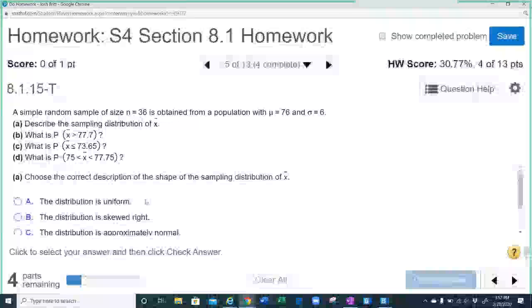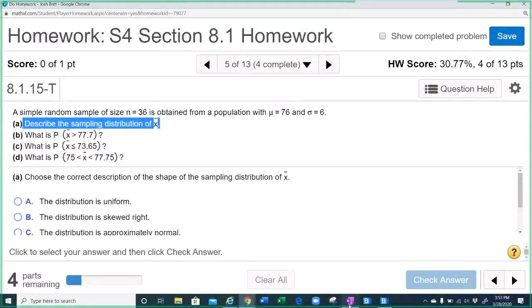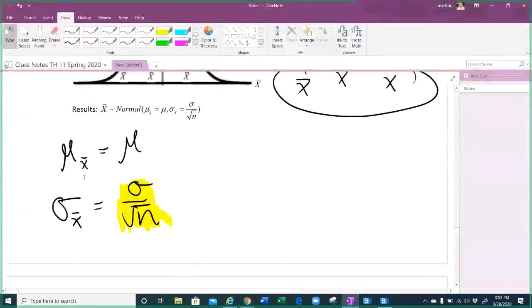All right, so now we'll practice some probability questions. All right, so we've got the simple random sample. Sample size is 36 with a population with mean 76 and standard deviation 6. So we want to describe the sampling distribution. Now what this means is basically we're going to find the mean given this formula and the standard deviation given here.